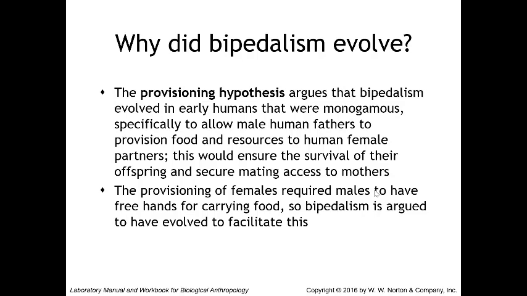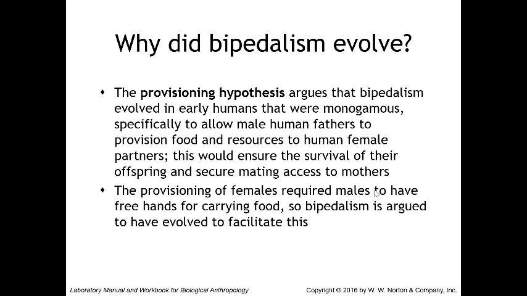The provisioning of females required males to have free hands for carrying food, so bipedalism is argued to have evolved to facilitate this. However, the validity of this hypothesis has also been challenged, particularly as it depends on the social structure, specifically a monogamous social structure of early humans, which is not clearly known and we can't actually observe it.